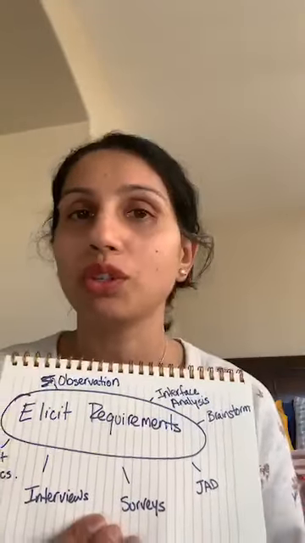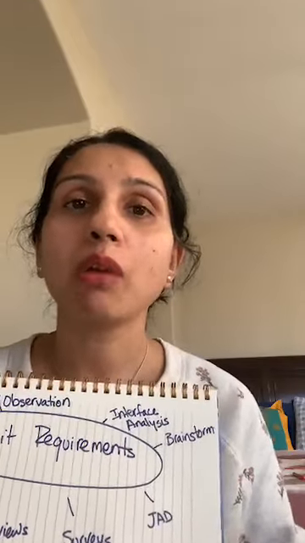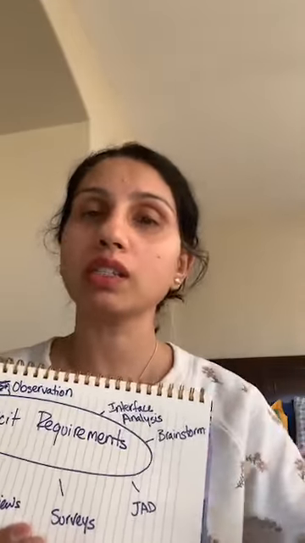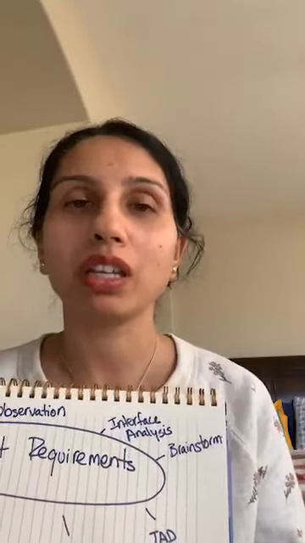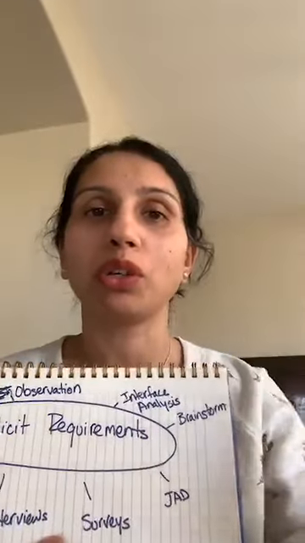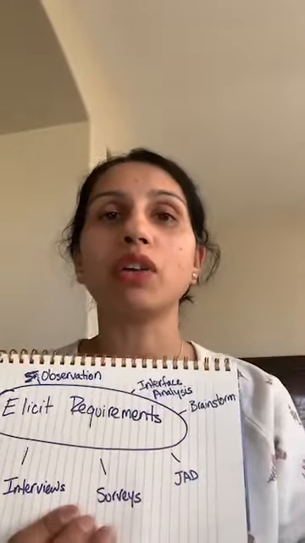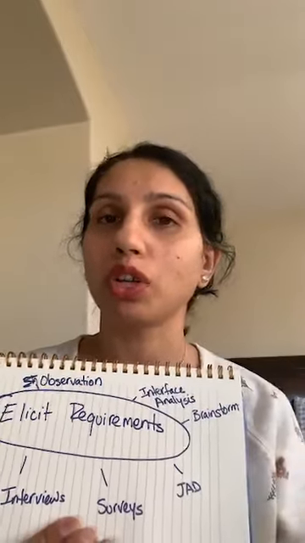Say, hey, Susie or Sally or whatever your stakeholder's name is, can I spend some time watching you do your job? What that does is it allows you to understand some of the things that they may not tell you about in the interview, like all the sticky notes that they have around their laptop or their computer, and you have a better sense of their day-to-day interactions with the systems that you're trying to enhance.